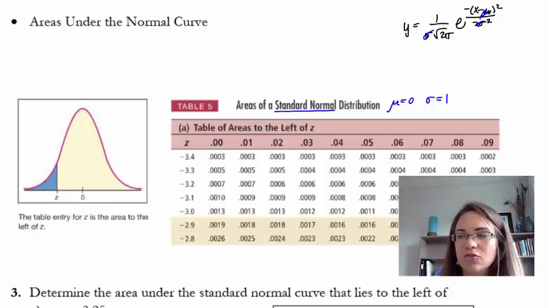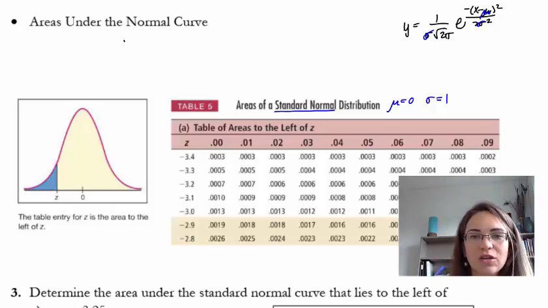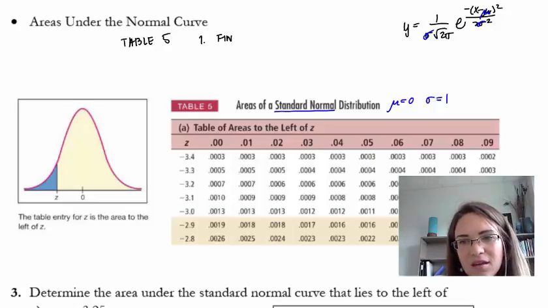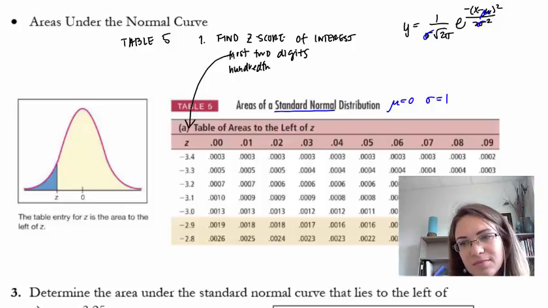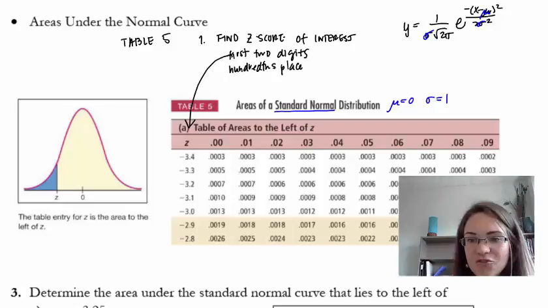Then we just have to look it up later and not recalculate. So if we're asked to find areas under the normal curve, we can look them up in Table 5, shown here in part, by finding the z-score of interest. The first 2 digits are in this first column, like z negative 3.4, negative 3.3, negative 3.2, and then the last digit, or the hundredths place, is this first row.